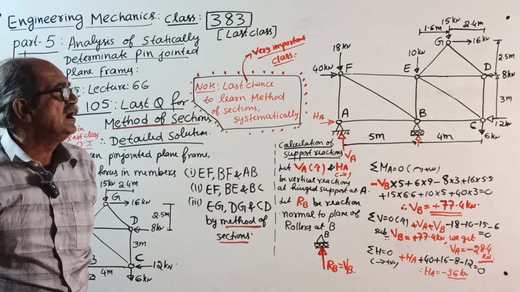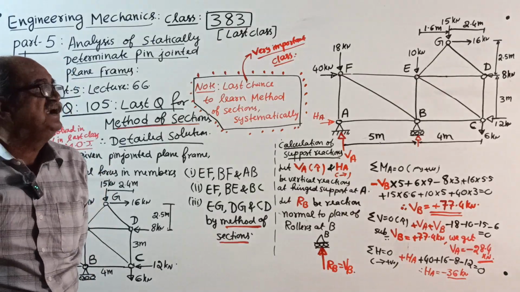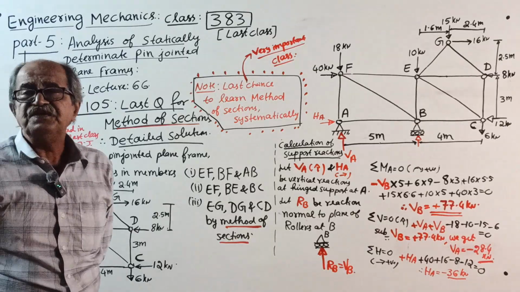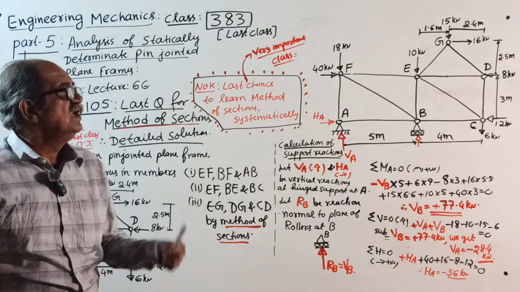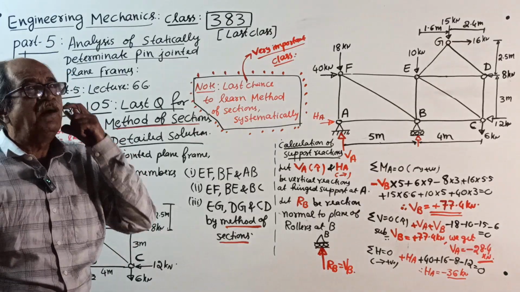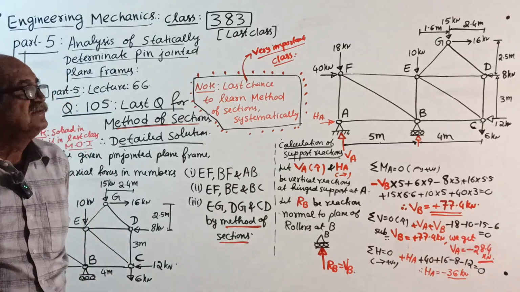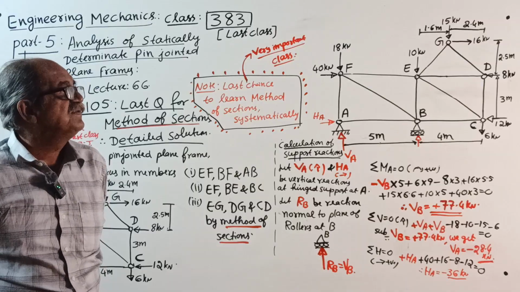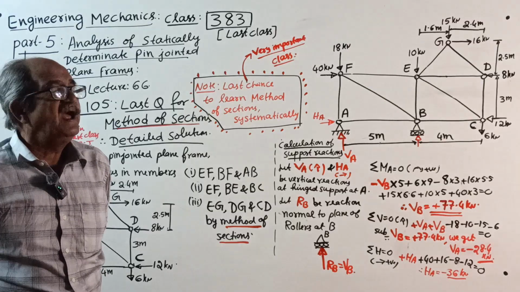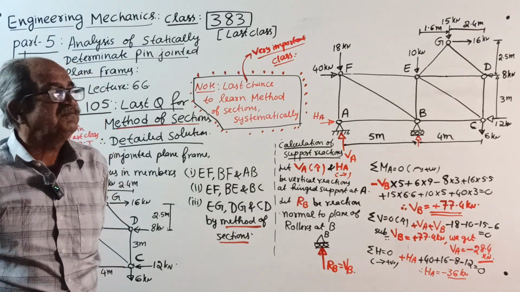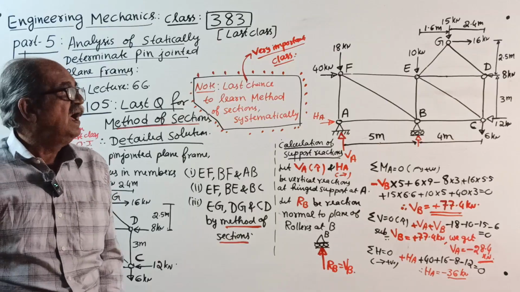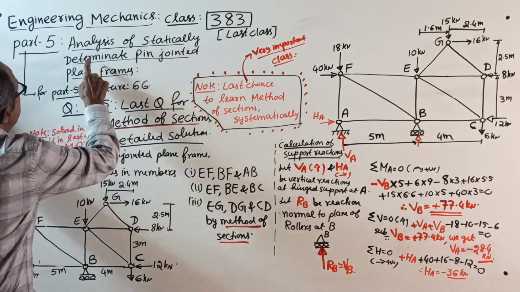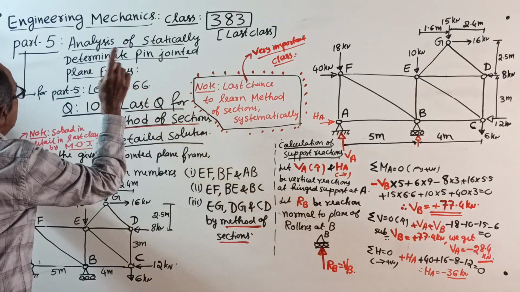If I remember correctly, part 1 is forces and resultant, part 2 is different types of loads, part 3 is equilibrium, support reaction, etc. Part 3 is centroid and moment of inertia. Part 4 is friction, and part 5 is analysis of statically determinate pin jointed plane frames.